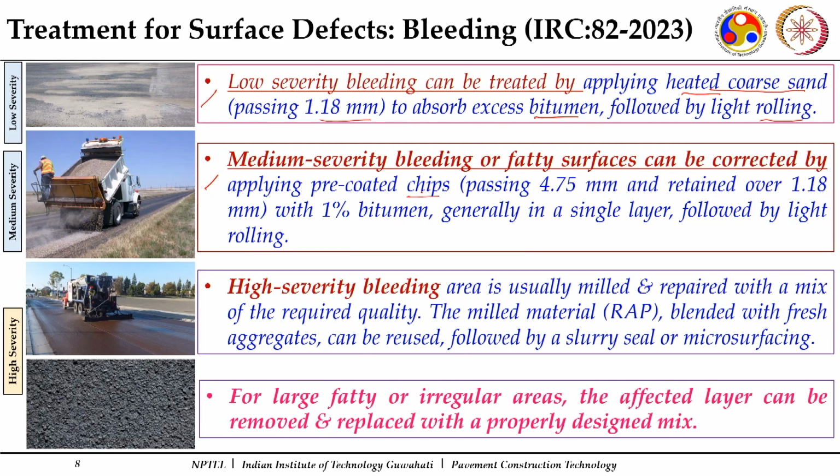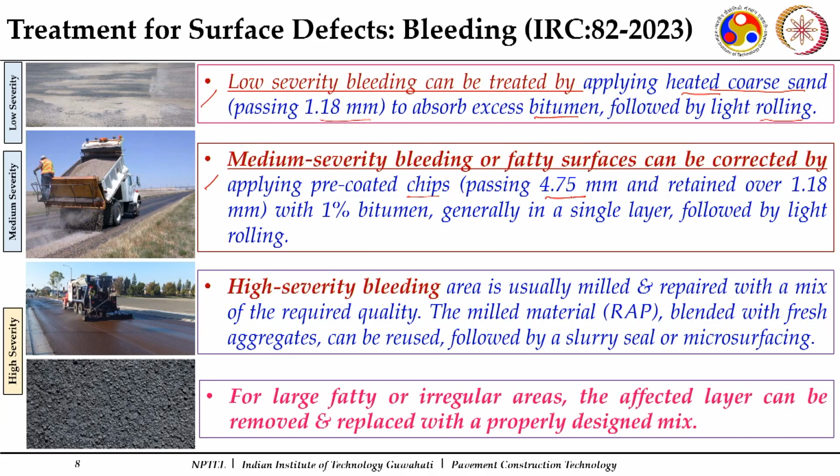What we can do is apply some chips, pre-coated chips, specifically the ones which we used in case of surface dressing also. The one passing 4.75 mm and retained over 1.18 mm, and pre-coated means we coat them with 1% of bitumen, and we need to give them due time.